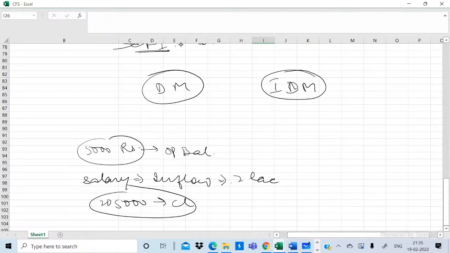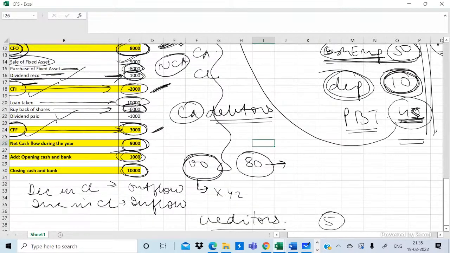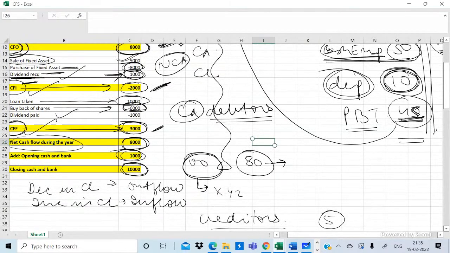This is what we've done earlier. This cash is nothing but your salary. So I'm saying, okay, during the entire year, this is the amount of cash that I've generated. To this, I will add my opening balance. So that's the 5,000 rupees that you had in your pocket. So if you add your 5,000 rupees to the salary, how much do you have? You have 2,05,000. That's nothing but your closing cash balance.